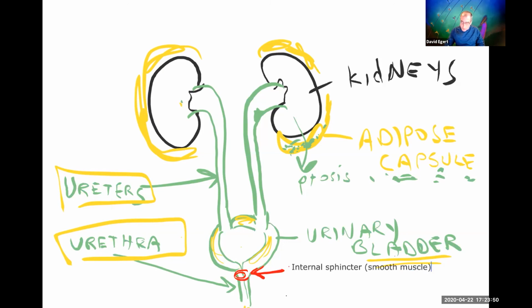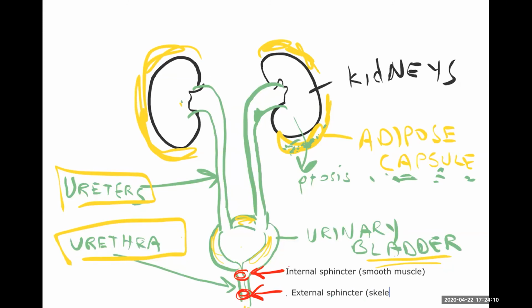If you remember, smooth muscle is the one that is involuntary. And then you have a second sphincter, which is going to be your external sphincter, which is skeletal muscle.